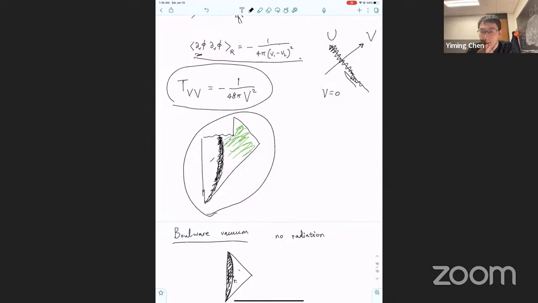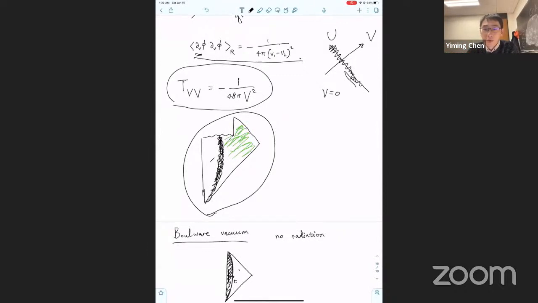The state is described by a local temperature. The state is what it is. It's just that, depending on the observer, you see different physics.